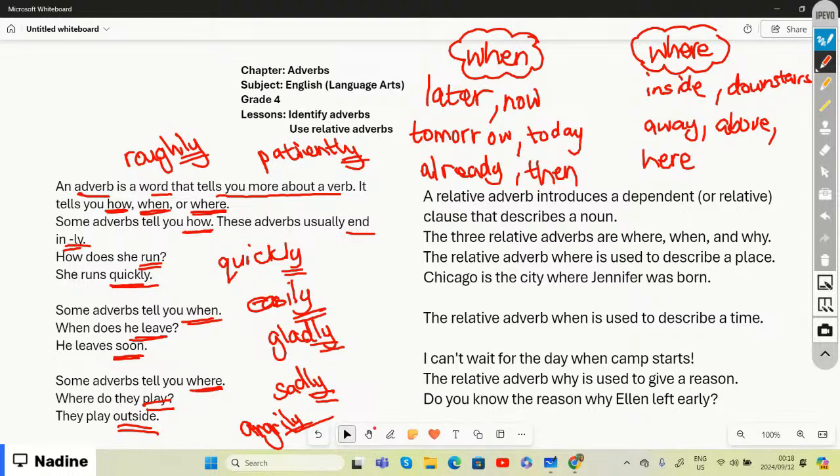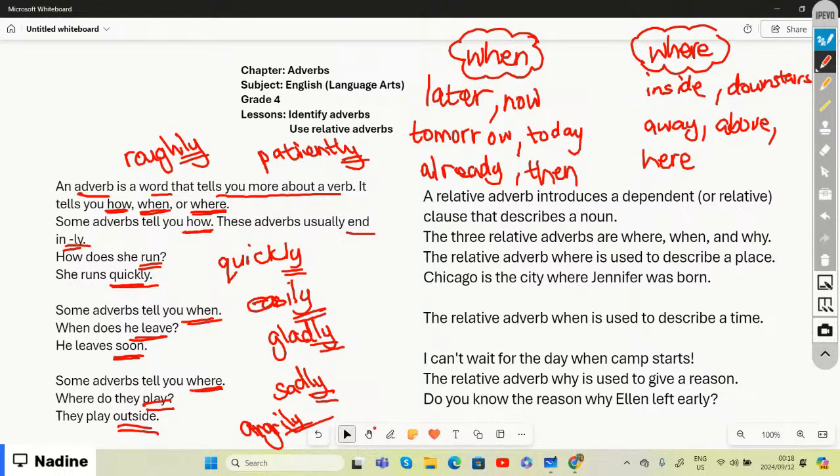Then we also have outside examples that tell us where something takes place. And once again, these are our adverbs.